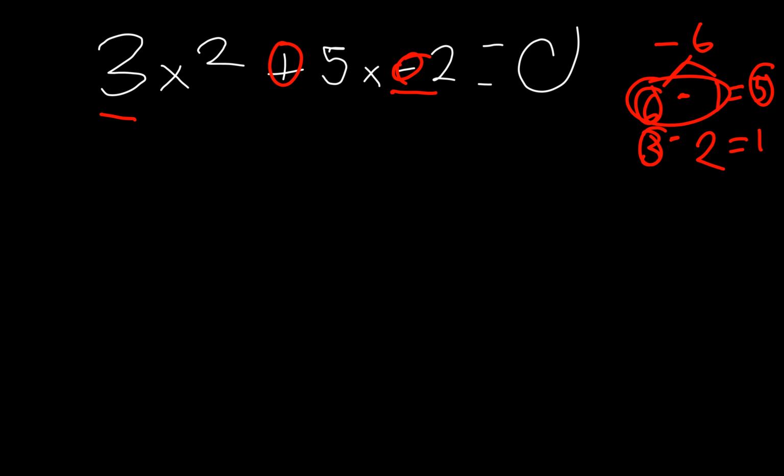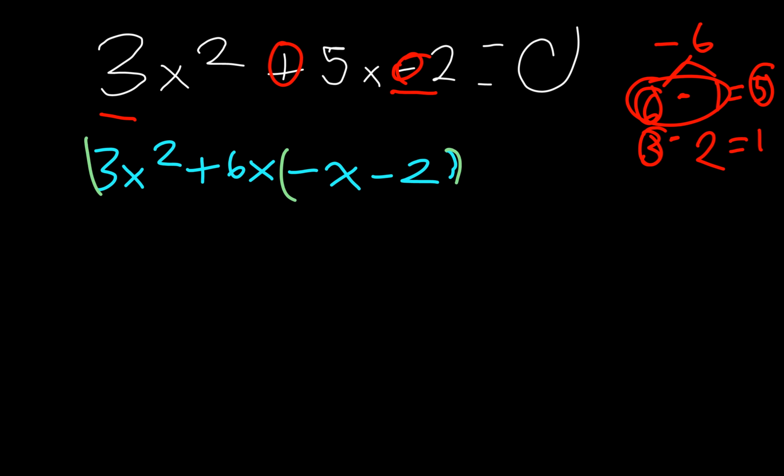So from here, we'll do factor by grouping. So we'll have 3x squared plus 6x minus x minus 2. We'll group this and that, and we'll group this and this.